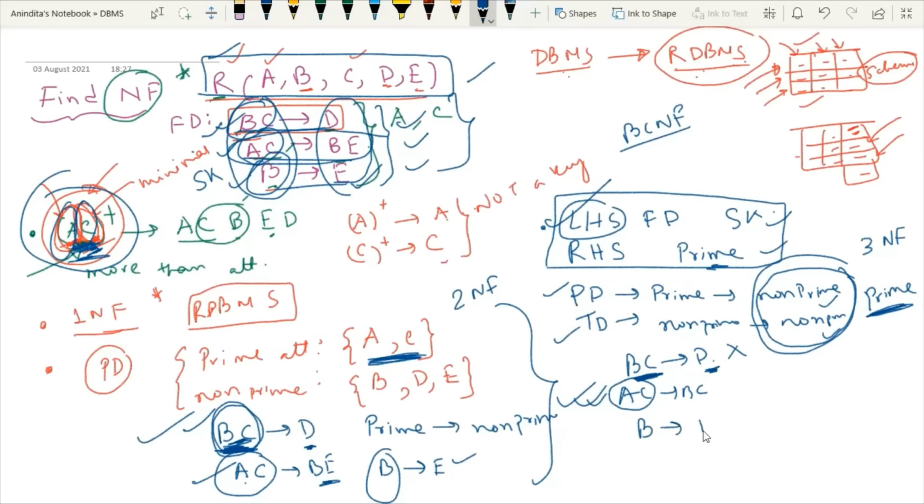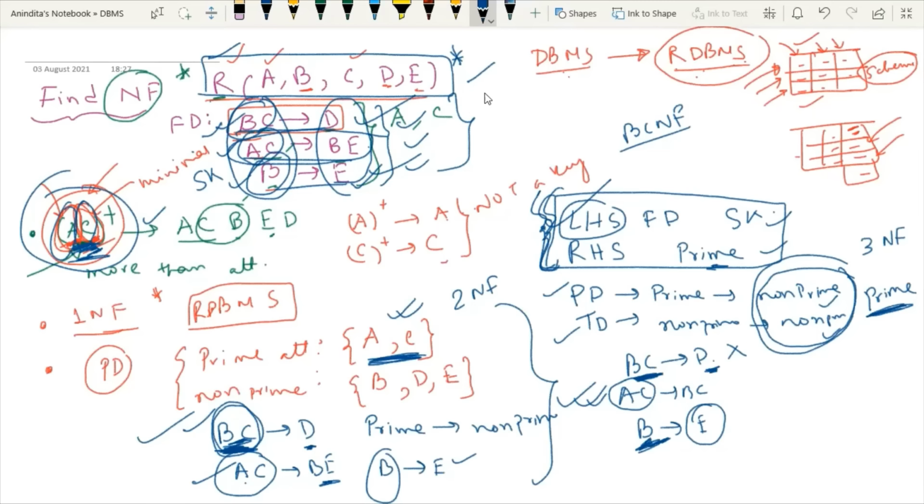Now for B to E, again the problem: neither is B a super key nor is E a prime attribute. E is not in the list of prime attributes and B is not a super key. Here AC is the key. So these two conditions are not satisfying the rules for 3NF. So I can say that this relation R is not in 3NF.